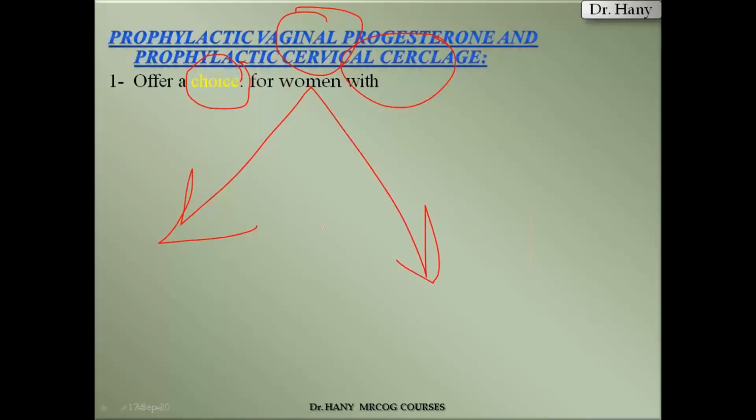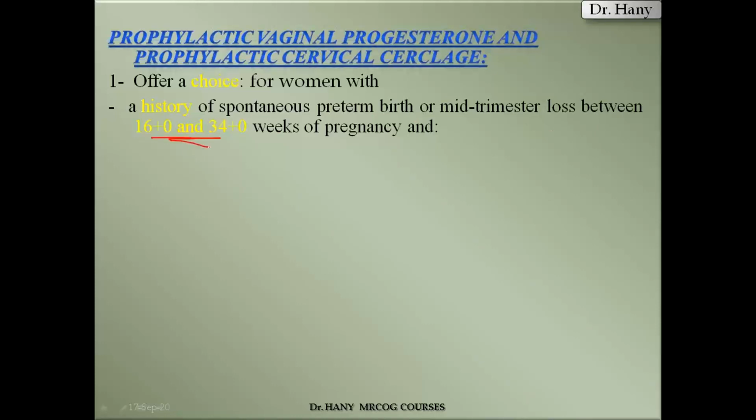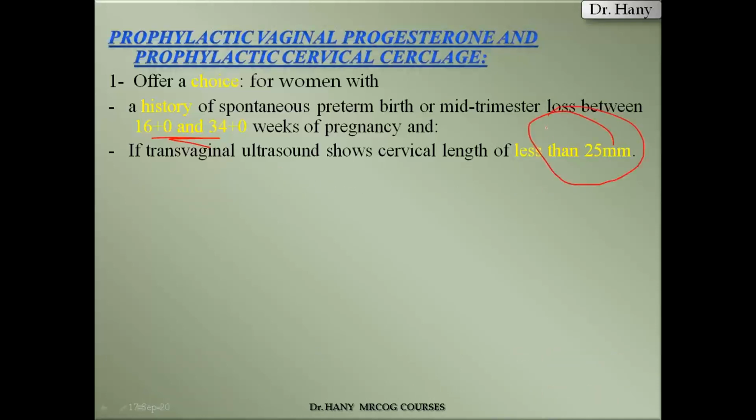For a woman who has a history plus a short cervix. So, if the woman has a history, she had preterm labor before, a spontaneous preterm labor or mid-trimester loss between 16 and 34 weeks, and the transvaginal ultrasound is less than 25, I will offer this woman the choice between vaginal progesterone or cervical cerclage.